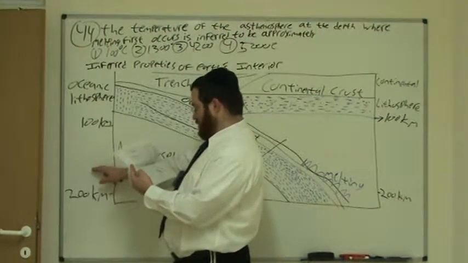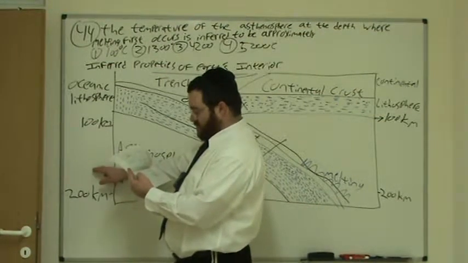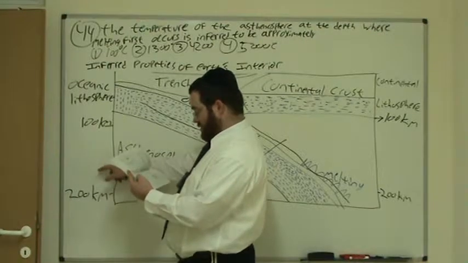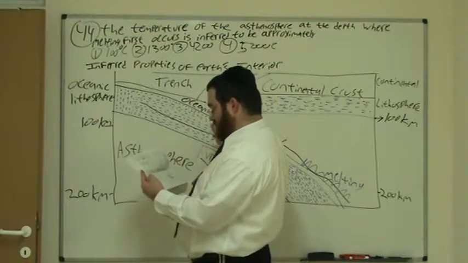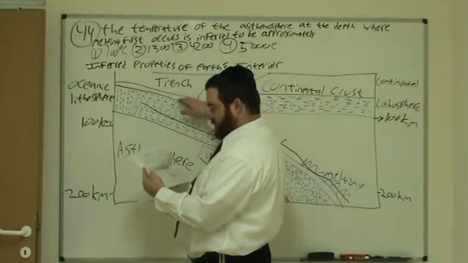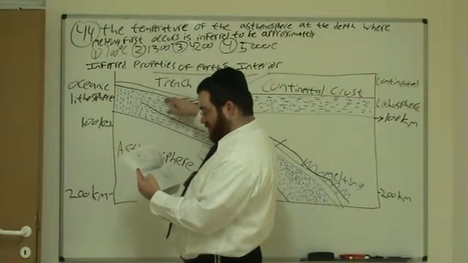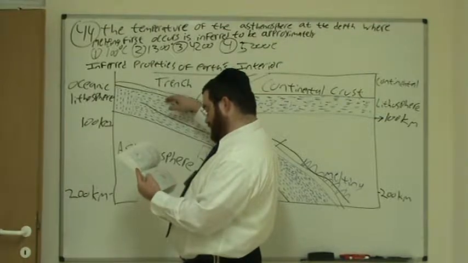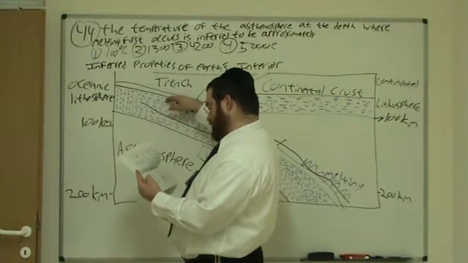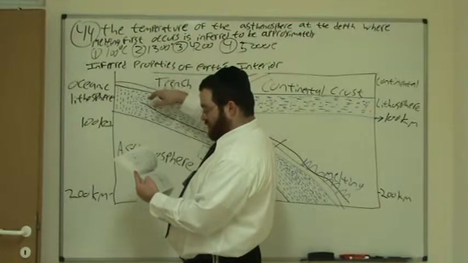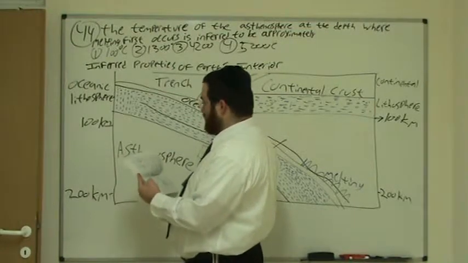If you trace the inner core all the way to the left of this diagram, the temperature is 6,000 degrees Celsius. The outer core is between 5,000 and 3,000 degrees Celsius. The stiffer mantle is between 3,000 and 1,000 degrees Celsius. Finally, the asthenosphere, the plastic mantle, is between 1,000 and 0 degrees Celsius.